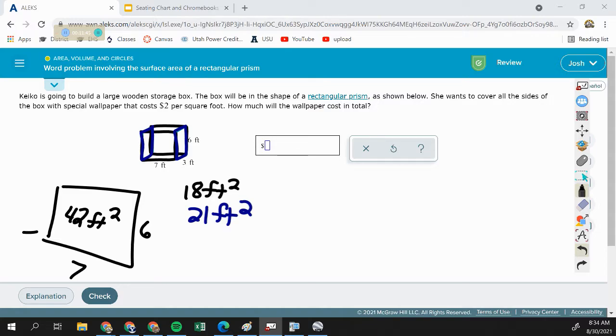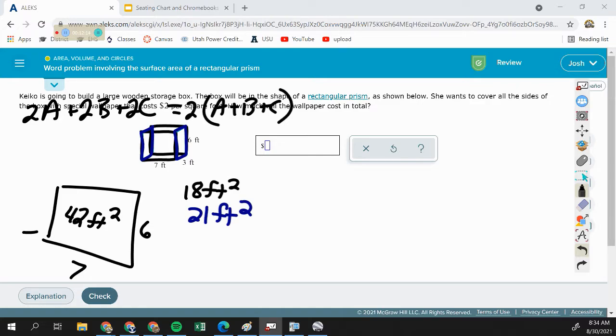Then just multiply that number by 2. So what I'm saying is 2a plus 2b plus 2c is exactly the same as a plus b plus c times 2. So you can either double all of them and add them together, or you can add them all together and then double the answer. Okay? So we do that.